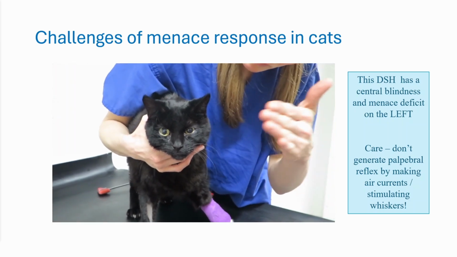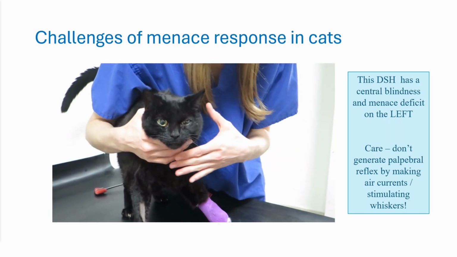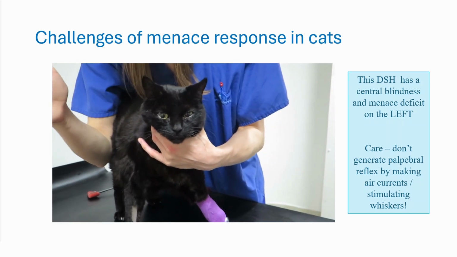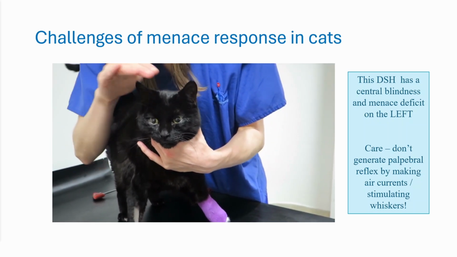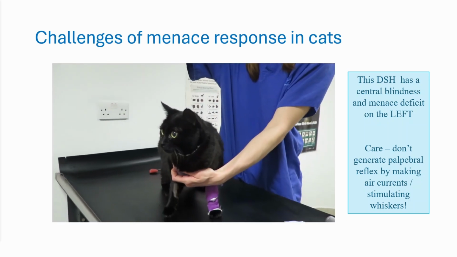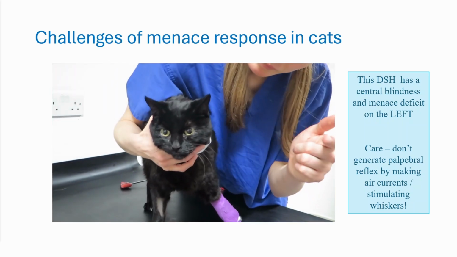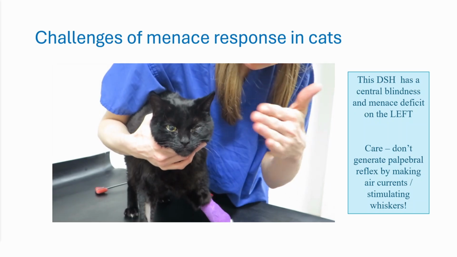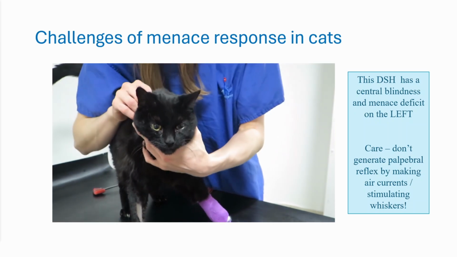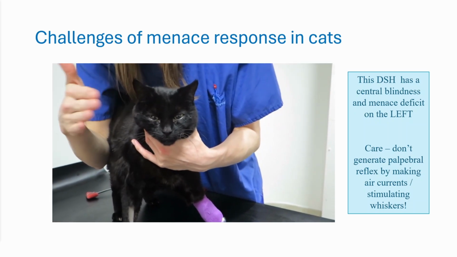No response when she uses a finger, but when she flaps her hand, there is an apparent Menace response, except that isn't a Menace response. That's a palpebral that she's generated by making an air current and stimulating the whiskers. So Menace response can actually sometimes be quite challenging in the cat.